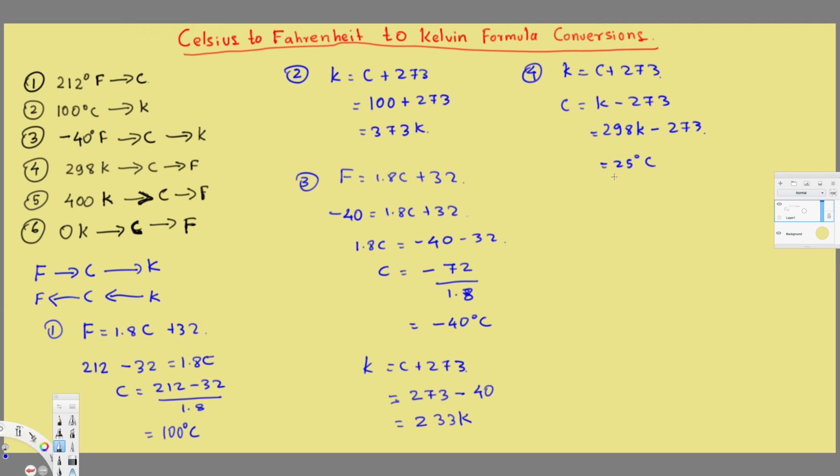Then we have to convert this one into Fahrenheit. To convert this one into Fahrenheit, we can use the Fahrenheit equation, that is F is equal to 1.8 C plus 32.